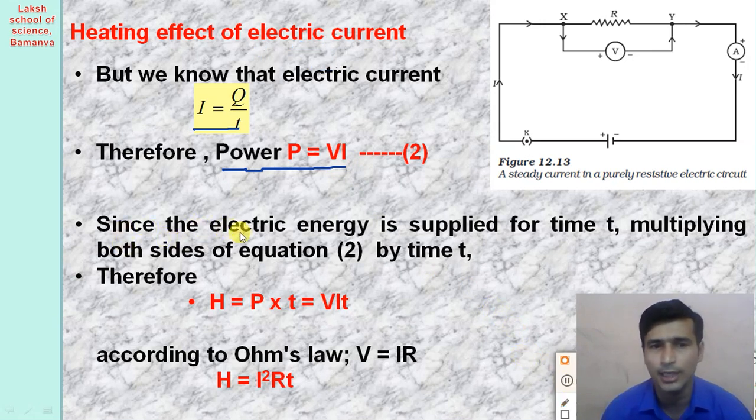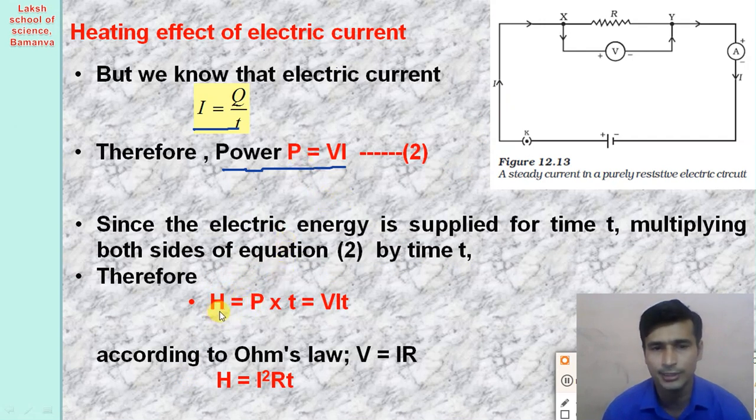Since the electrical energy is supplied for a time t, it is calculated in terms of the power. If we multiply power by time, we get the energy. So multiplying both sides of the equation P is equal to V into I by time t, we get the electrical energy or heat energy dissipated through the resistor R, calculated with the help of power multiplied by time.